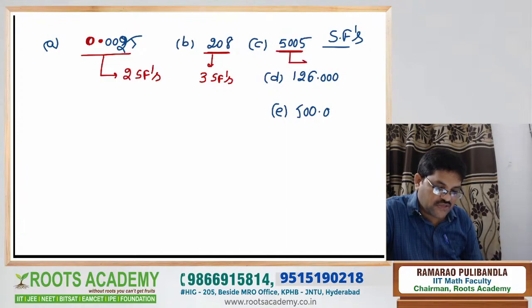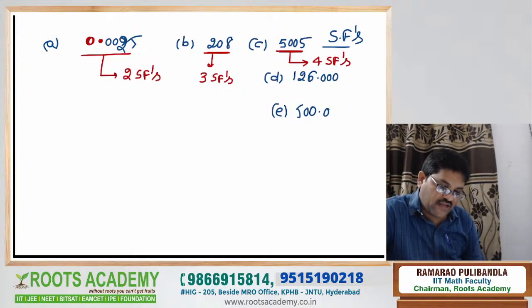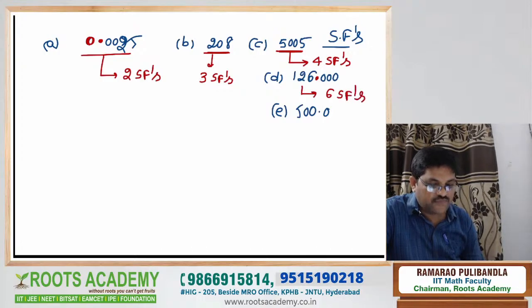In this whole number, 5005, 4 significant figures are there. Coming to 126.000, before the decimal point 126 is a non-zero integer, so the zeros are significant. That's why 6 significant figures are available.